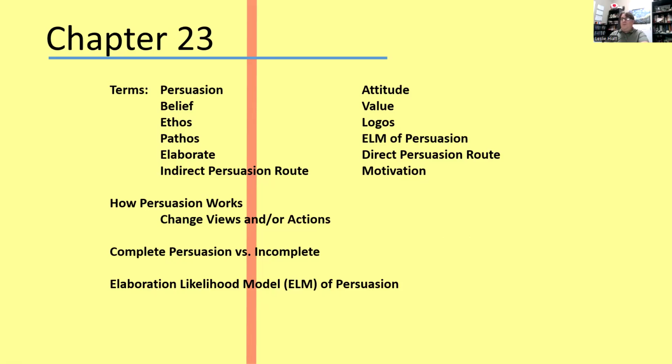Think about all the people who've done really horrible things in our society. Someone probably persuaded them at some point or another on that path of downfall, right? Persuasion really gets people to do bad things. That's why it's the most dangerous form of speech. And chapter 23, which is about persuasion, we'll cover that.